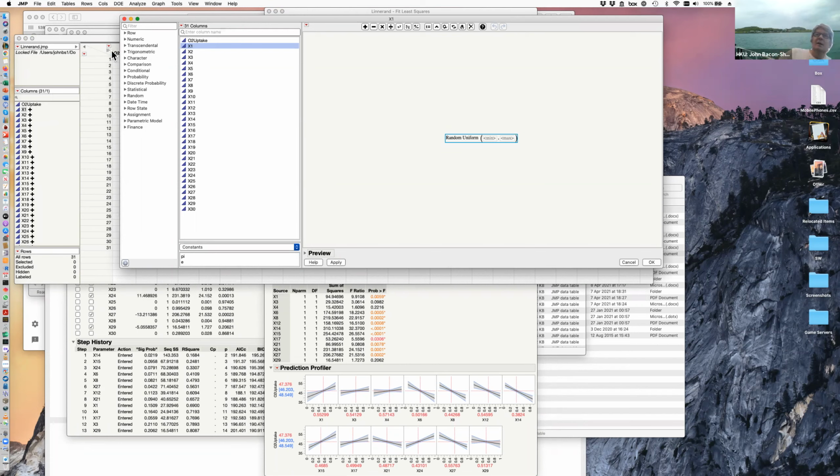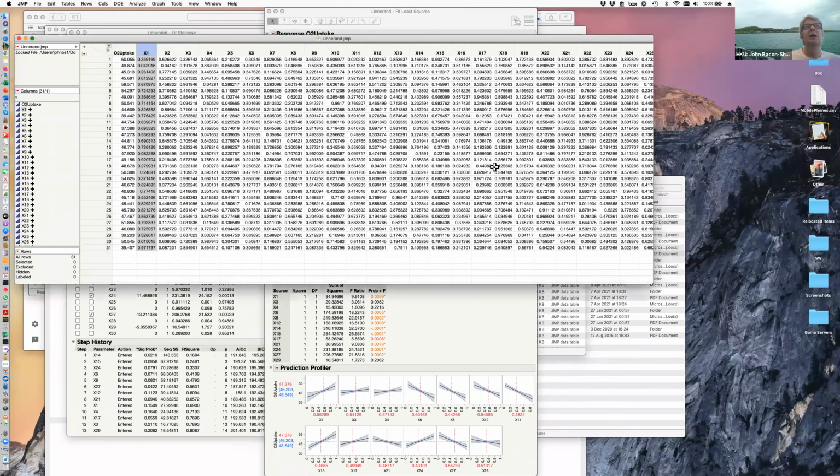Min-max means it will be random uniform 0, 1 by default. It's using that default. In other words, all of our X variables in here are pure randomly generated noise on a uniform distribution. There is absolutely no relationship between the X's and the Y.